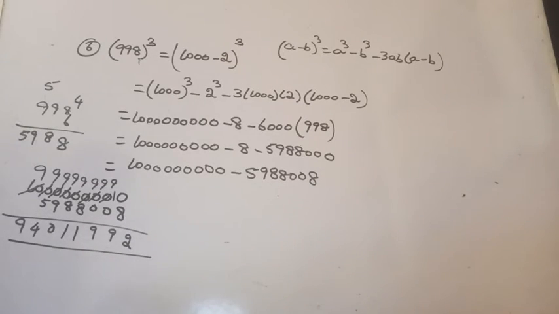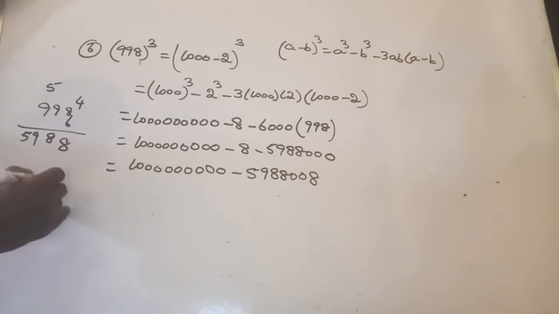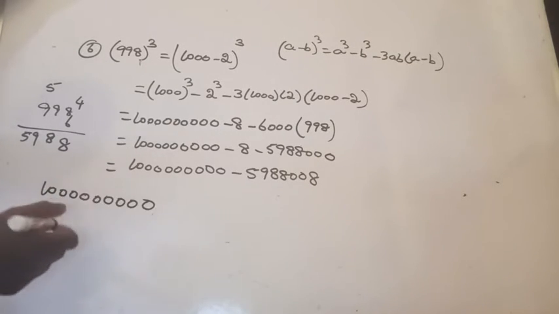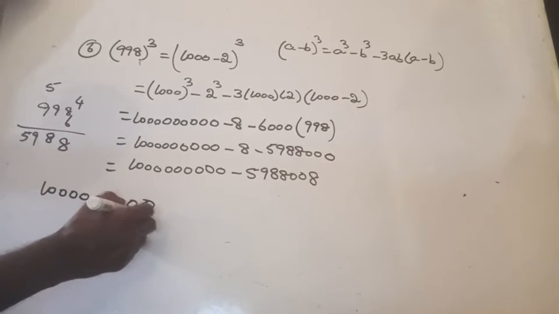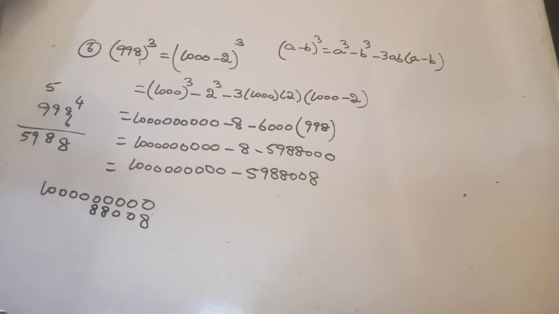Here, how many zeros? Wait. 9 zeros. 1, 2, 3, 4, 5, 6, 7, 8, 9. Here 8, 0, 0, 8, 8, 9, 5.